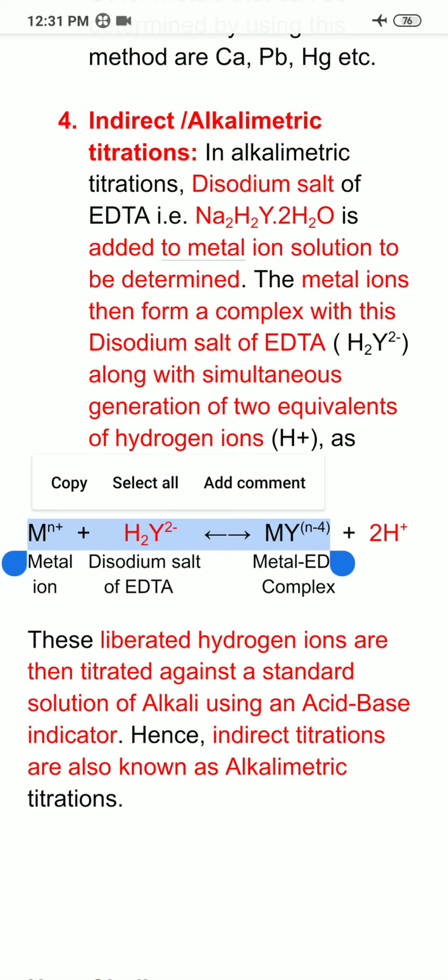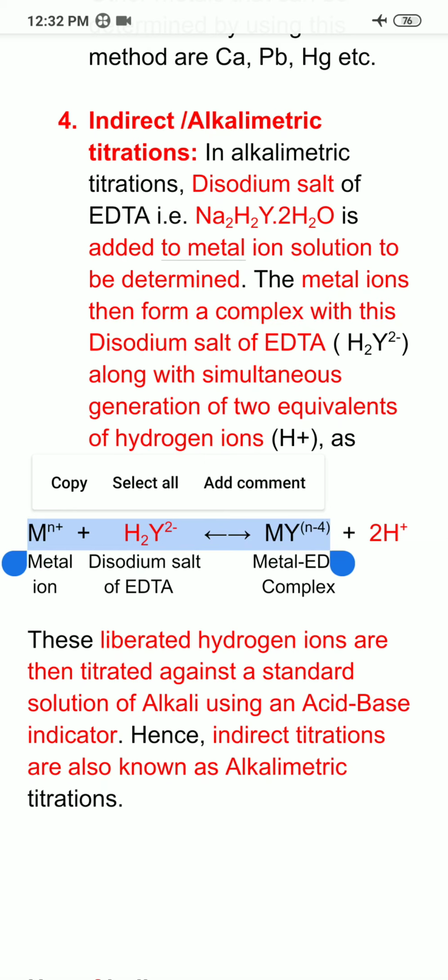But as you can see in this equation, when metal ion reacts with disodium salt so as to form metal EDTA complex, 2 protons are formed. So I can say that 2 equivalents of protons are formed. Now protons mean acid is formed. So now how will you determine the acid?